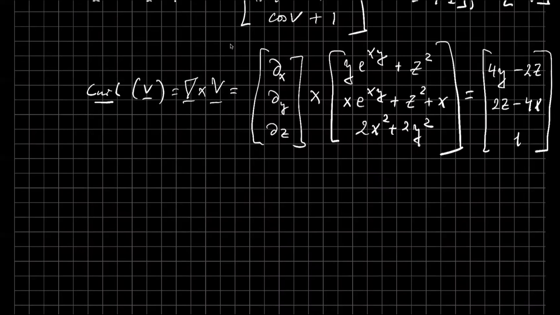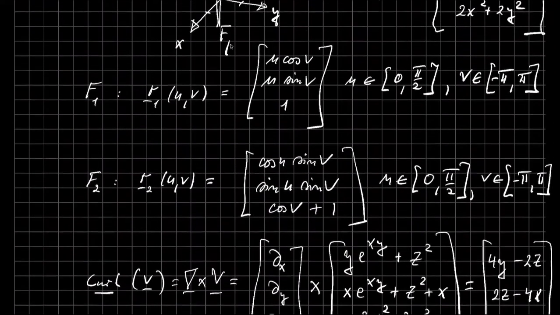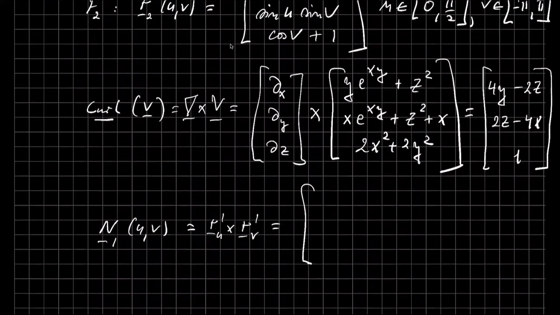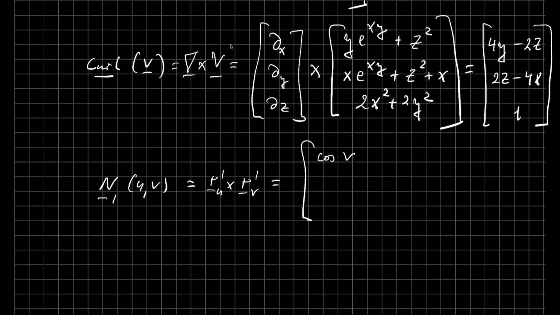Now, in order to use Stokes' theorem, we need to have the normal vector to your surface. Let's compute this for the first of the two surfaces. You have that this is R prime U cross R prime V. And for the first, when you differentiate with respect to U, you get cosine V, sine V, and then you get 0.